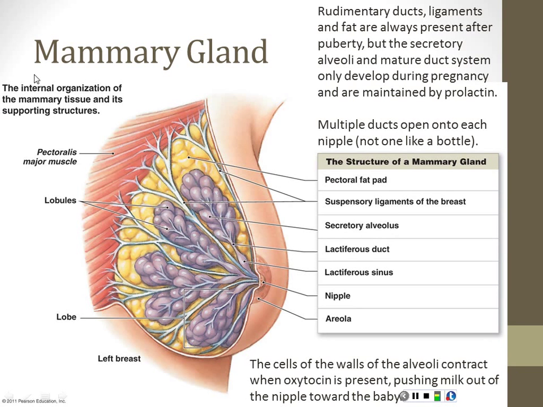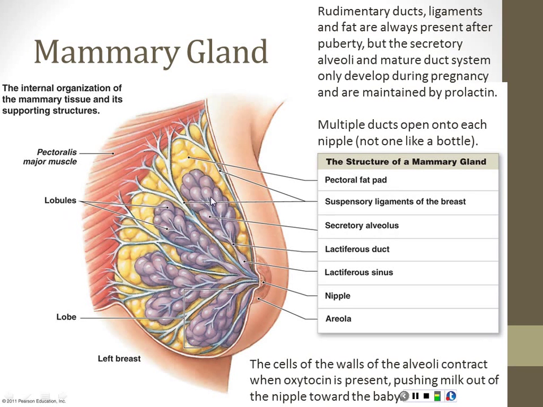So technically speaking, the breast is not a gland unless you're in the third trimester of pregnancy or you're lactating. Because a gland is something that produces a secretion, and the non-lactating breast doesn't. It is simply a fat structure with these suspensory ligaments and the delivery apparatus on the outside, the nipple and the areola. Okay, so the purple structures here only exist when milk is being produced, or as the breast develops into that in the third trimester of pregnancy.